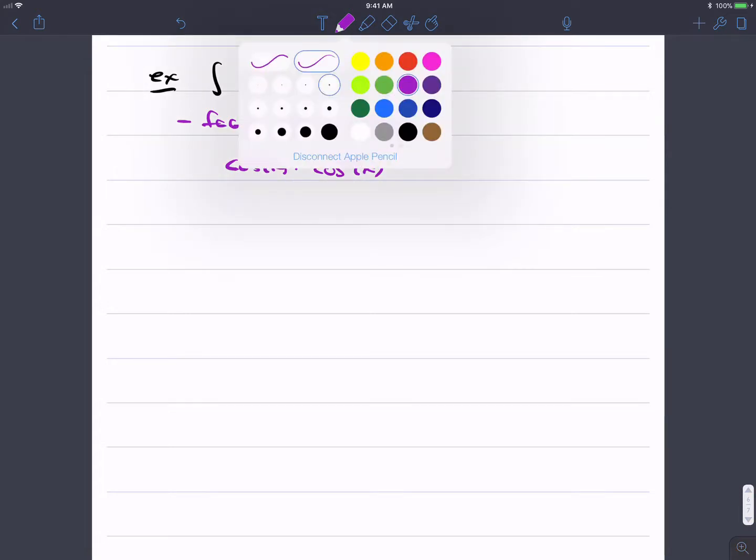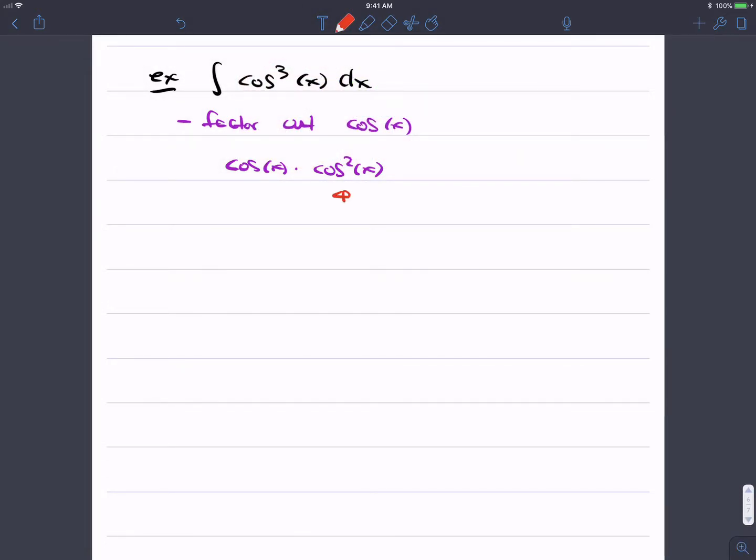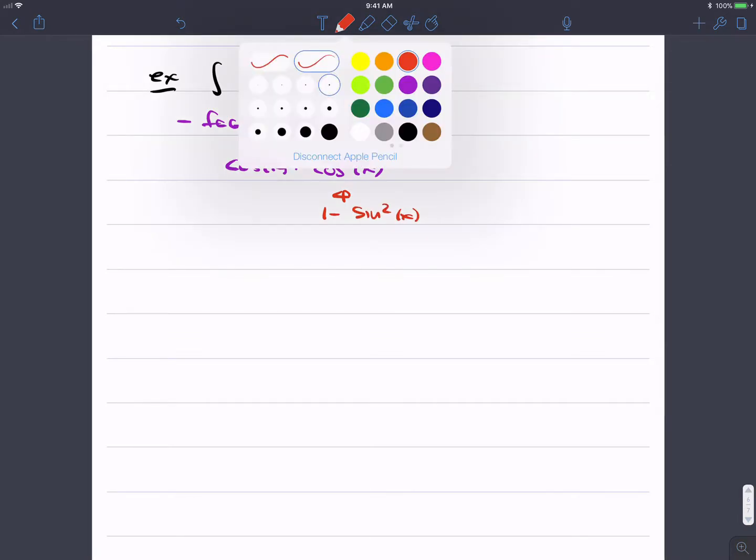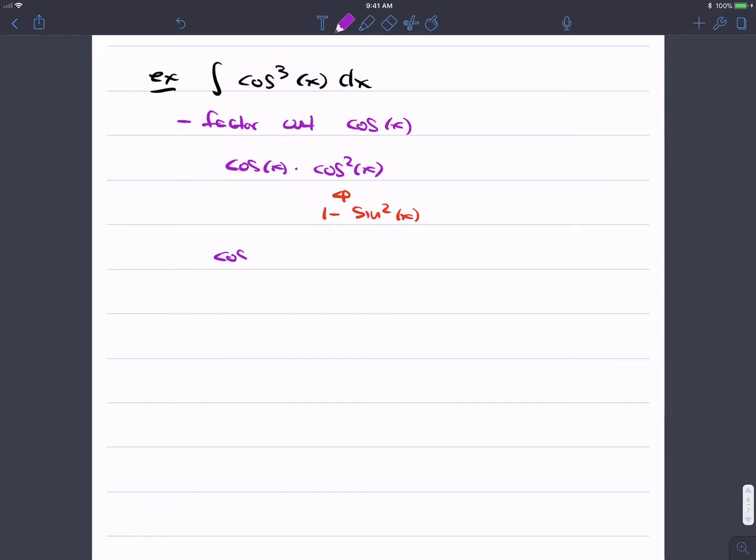So at this point, you're going to use the Pythagorean identity for cosine squared, which is 1 minus sine squared. So now you have your cosine times 1 minus sine squared.